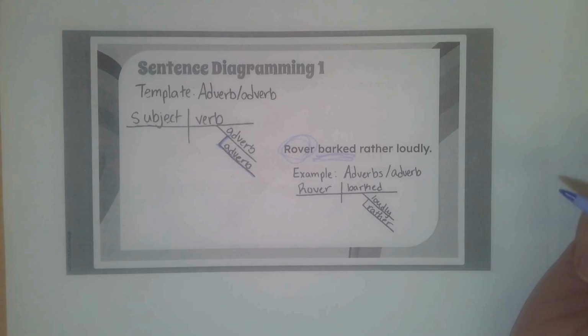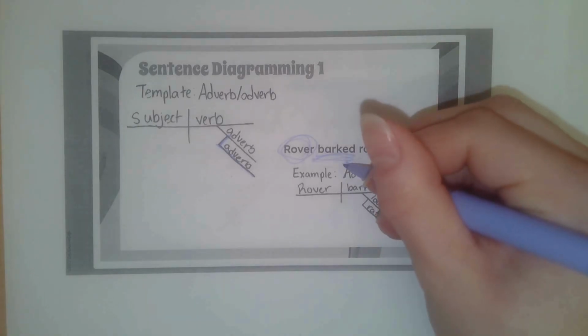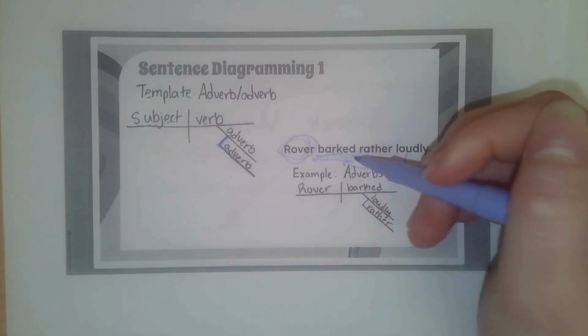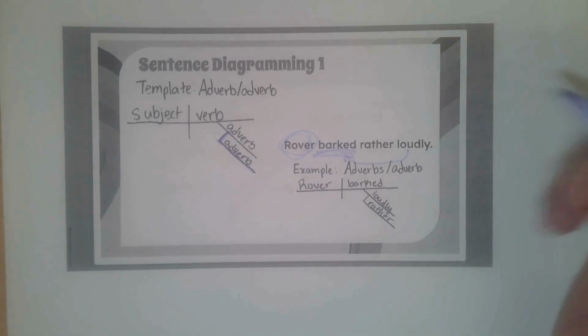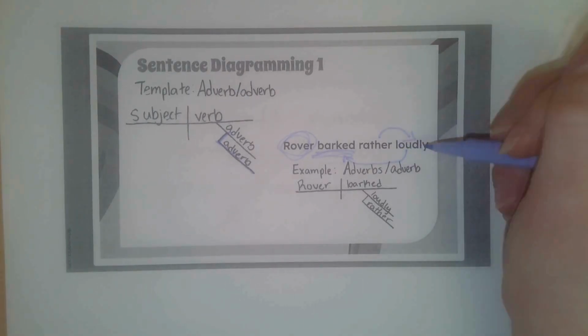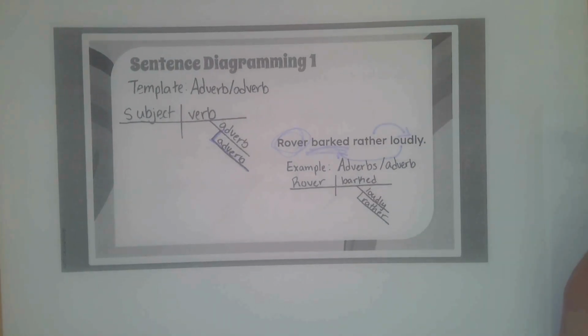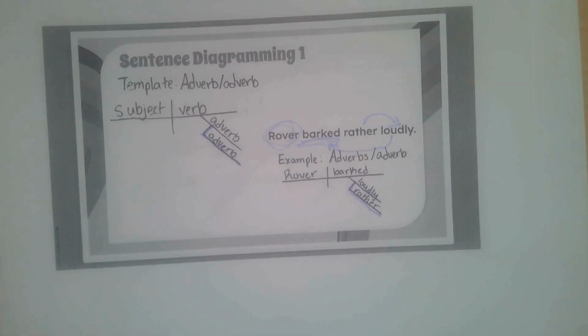It's not describing the verb. He barked loudly. This is our adverb that describes the verb. How loudly did he bark? He barked rather loudly. It is describing how loud the bark was. So we connect rather to loudly.